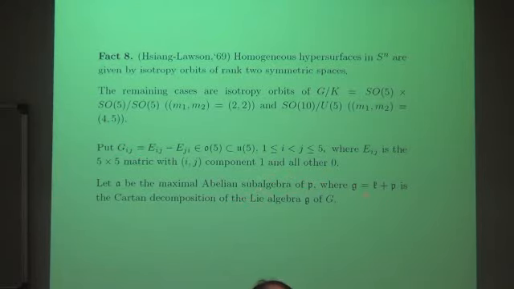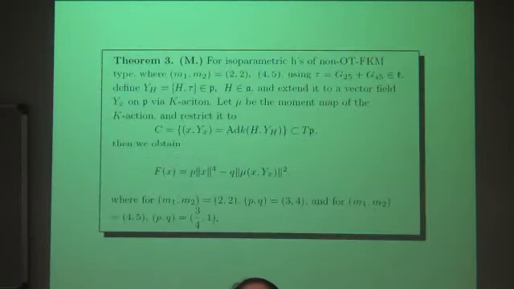And we take the Cartan decomposition of the real algebra, and take the maximal abelian subalgebra of p. Then we obtain how to express the Cartan-Münzner polynomial in these two cases, as follows.